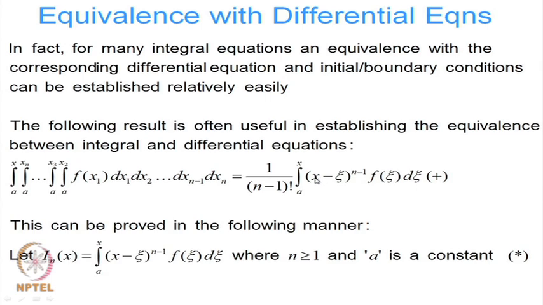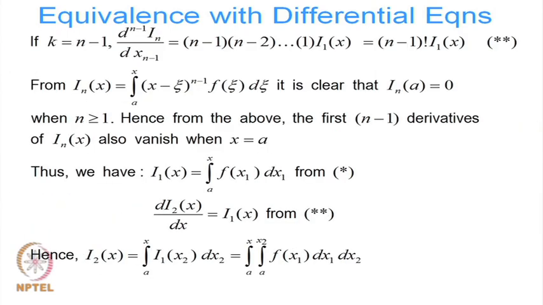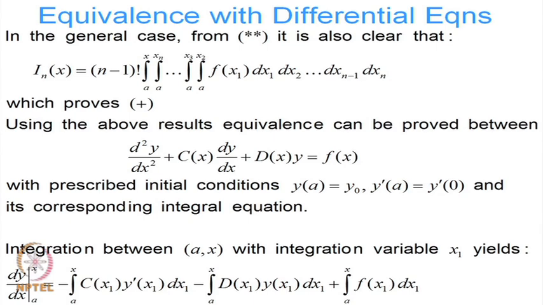So this is the result which we are going to use in order to show equivalence between differential equations and integral equations, but it is important to understand why it happens, because it is sort of useful. Okay, so now that we have shown this, we will use this result to show that this differential equation, and we think of this as an initial value problem.